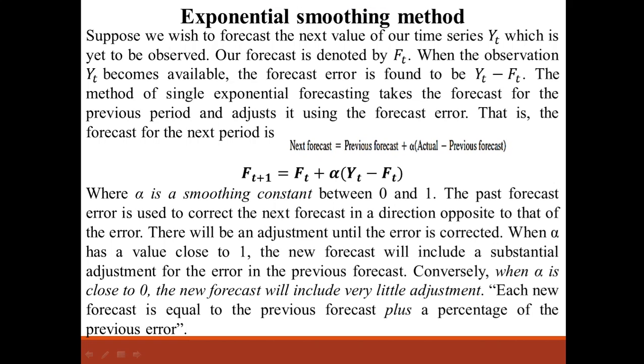The method of single exponential forecasting takes the forecast for the previous period and adjusts it using the forecast error. That is, the next forecast equals the previous forecast plus alpha, which is the parameter or constant here and will be given in the exercise, multiplied by the error, which is the actual minus the previous forecast.